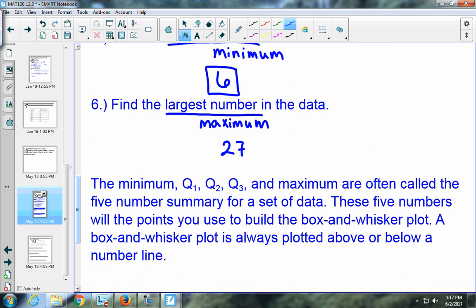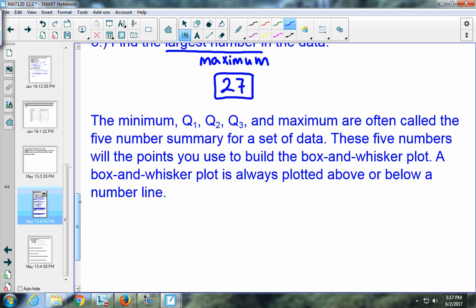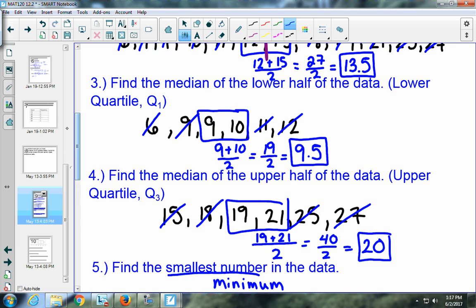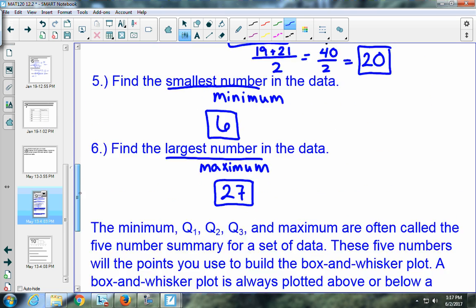Those 5 numbers that we just found are the 5-number summary. So if we're asked to list them out, we would say that the minimum was 6. Our lower quartile, or Q1, if we look back up, was 9.5.